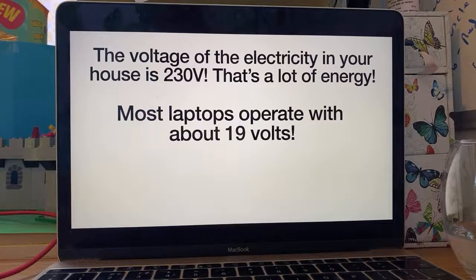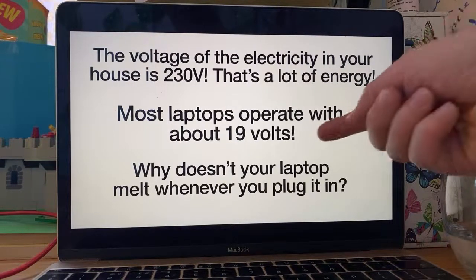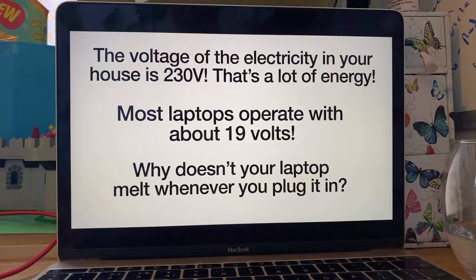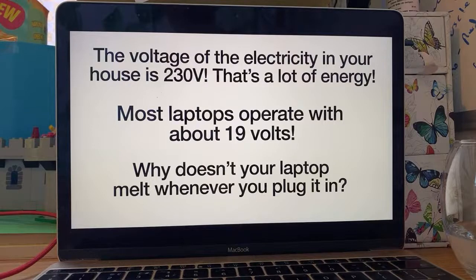But most laptops operate with about 19 volts. So your puzzle for this bit is, why doesn't your laptop melt whenever you plug it in? If laptops want about 19 joules of energy per charge, 19 volts going through them, and the electricity coming out of your plug is 230 volts, why doesn't your laptop or a mobile phone just burst into flames as soon as you start charging it?